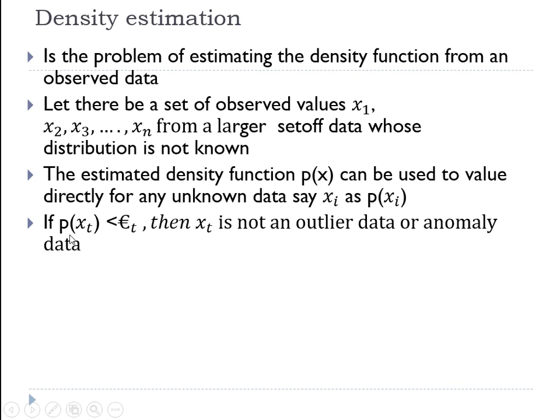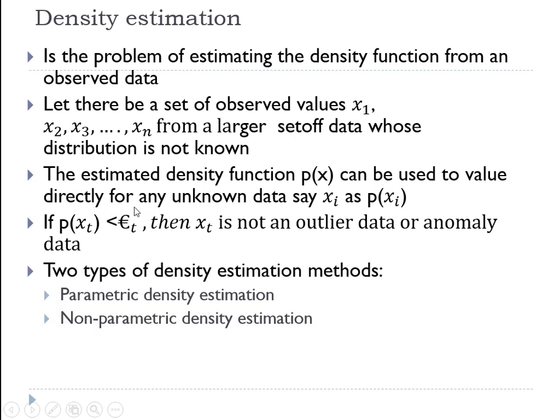Now the density estimate, P of xt, is compared with a particular value, let's say epsilon t. If the estimate is not less than epsilon t, then xt is not an outlier, or not an anomaly, where epsilon helps in specifying whether this data is an outlier or not. Outlier, in the sense of anomaly data, is different from the rest of the data.